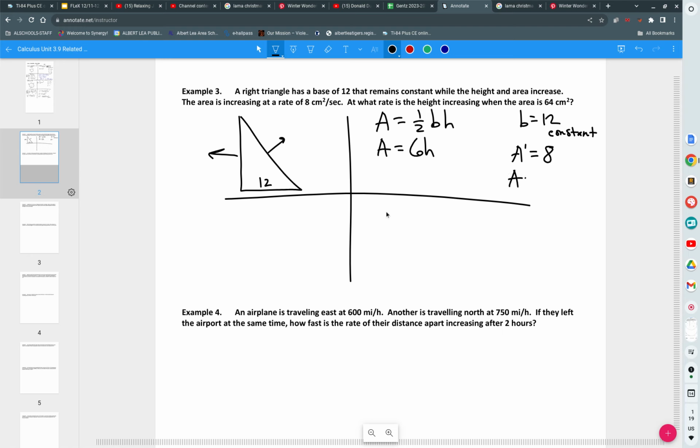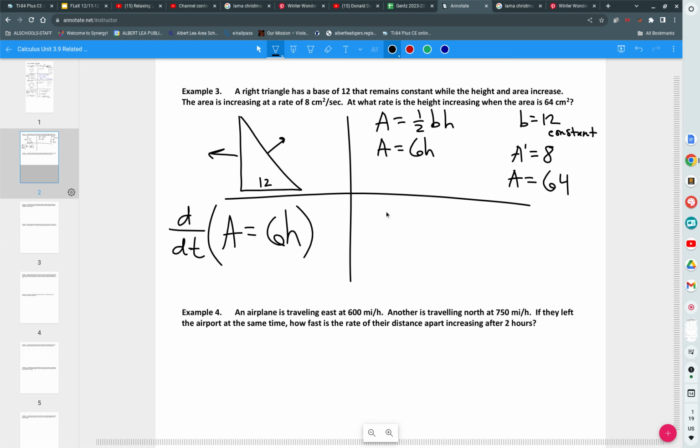And I know the current area is 64. Those are the things that I have in place.